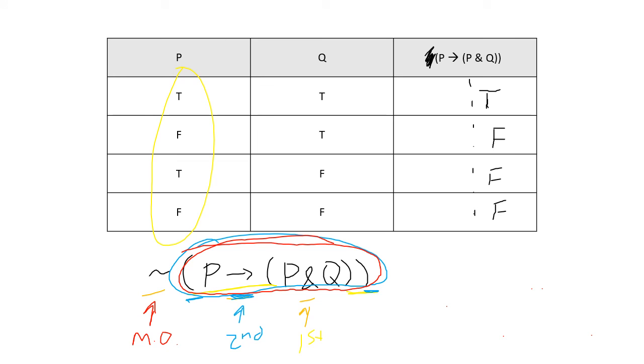So P is our left side. This is our right side. So antecedent, consequent. If you remember, the conditional is true wherever the left side is false or the right side is true. And so here it's going to be true.